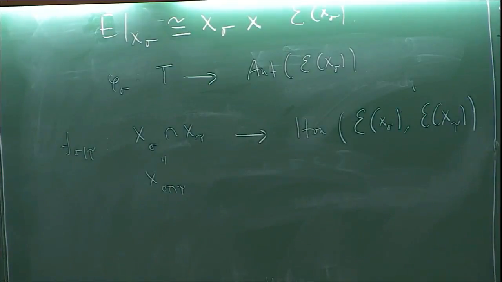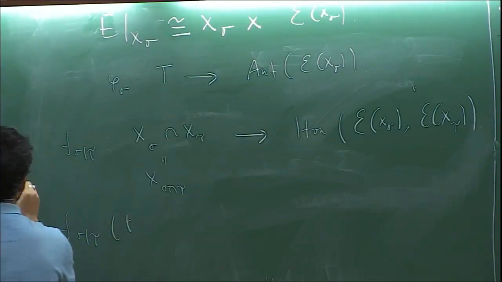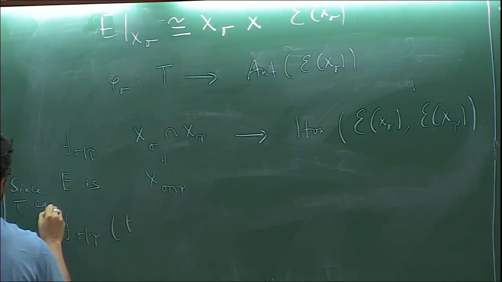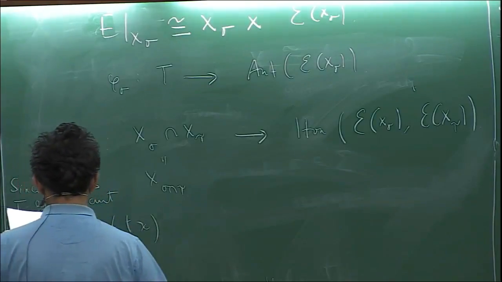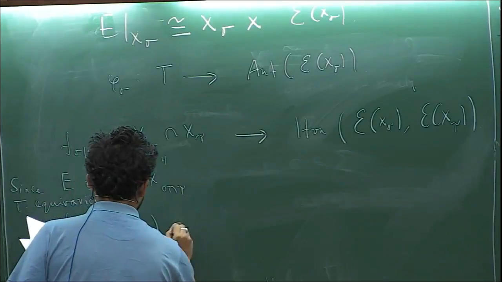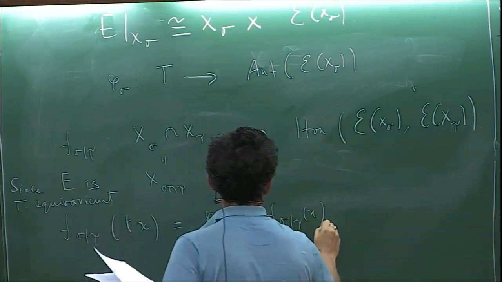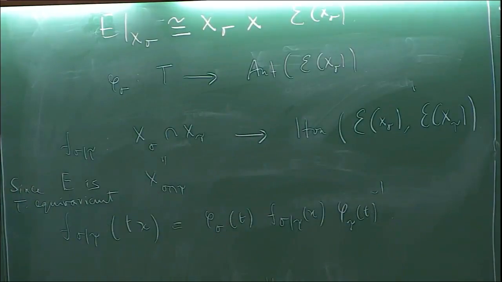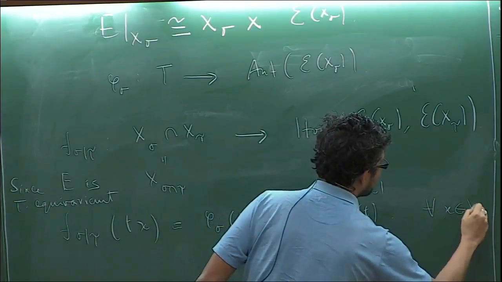Now, since it is a T-equivariant vector bundle, this f_sigma,tau should satisfy this condition: f_sigma,tau(t x) equals phi_sigma(t) f_sigma,tau(x) phi_tau(t) inverse, because it's a T-equivariant vector bundle. This is for all x in X_sigma intersect tau.